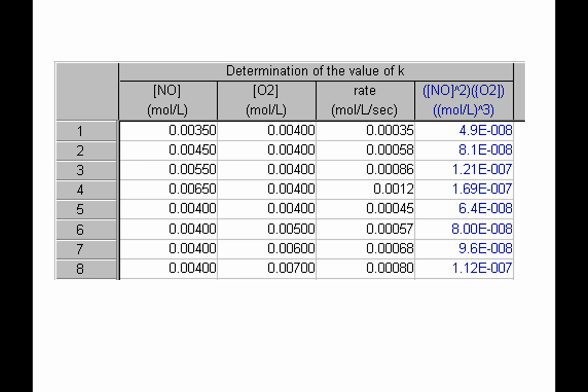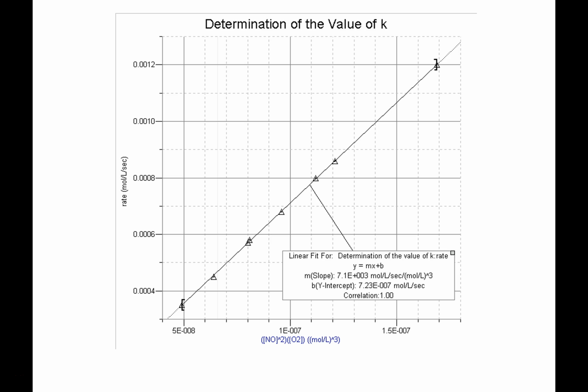And we get these values as we go along the x-axis. So oftentimes it takes on this sort of paired appearance. So here are all 8 of those points plotted. Again, in this case, the slope is going to give us K.